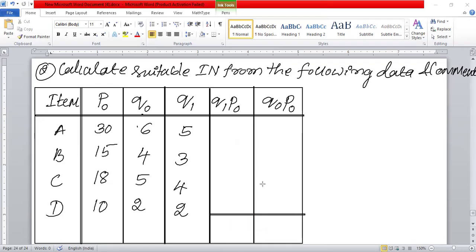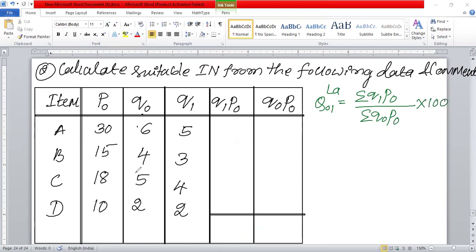So this problem is the last year's quantity index number. Q01 last year's is equal to summation of Q1 P0 by summation of Q0 P0 multiplied by 100.